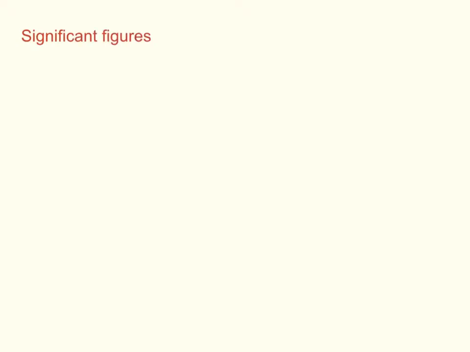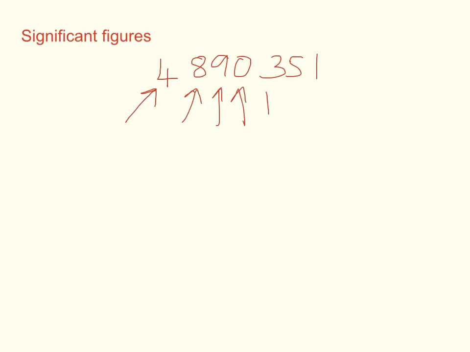is significant figures. If we have a look at a number like, let's say, 4,890,351, this is the first significant figure, this is the second, this is the third, this is the fourth, this is the fifth, this is the sixth, this is the seventh.